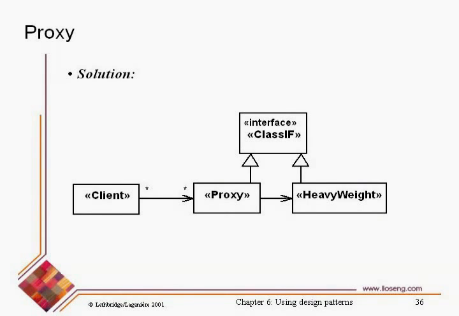And the client can send some methods to the proxy. How big are you? Well, maybe the proxy has that information built into it. Are you a black and white image or not? Well, maybe the proxy knows that. Those simple questions can be answered without having to actually load the entire heavyweight object.